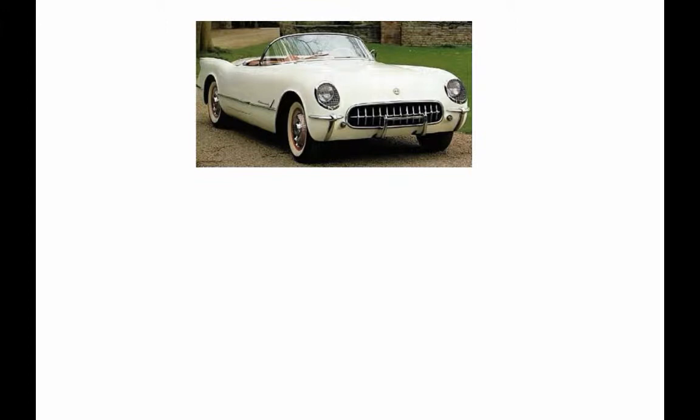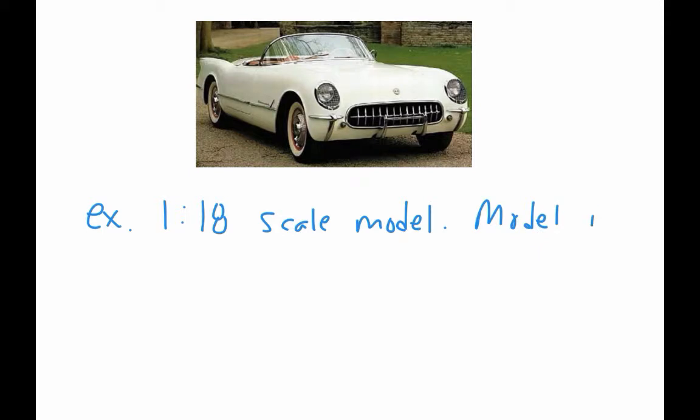So that's the 1954 Corvette. Let's say you have a model of one of these, a 1:18 scale model. So 1 inch in the model is going to be 18 inches of the real-life car. Let's say the model is 9.85 inches long.